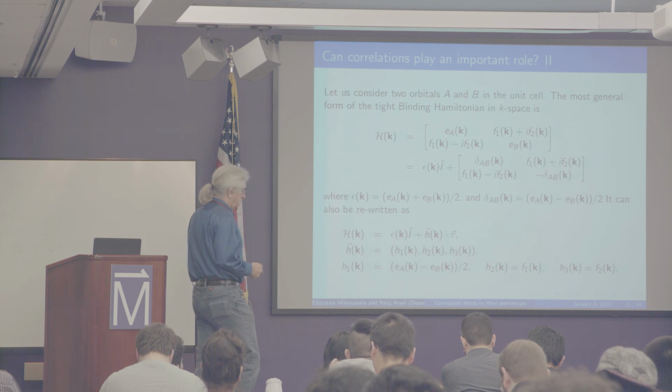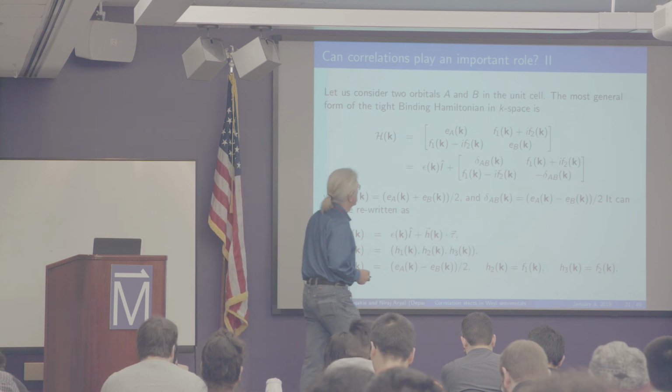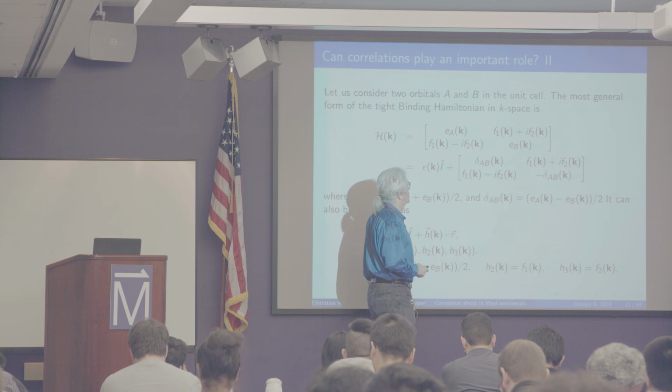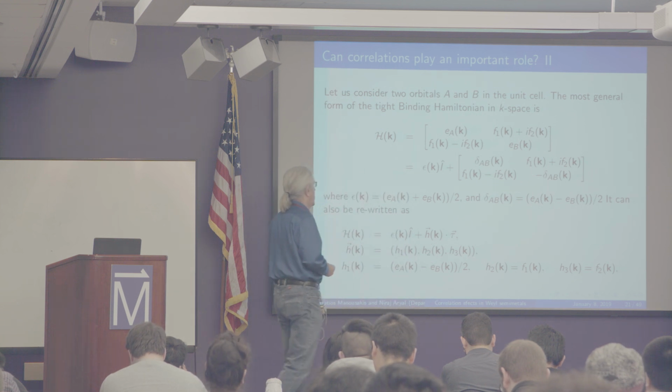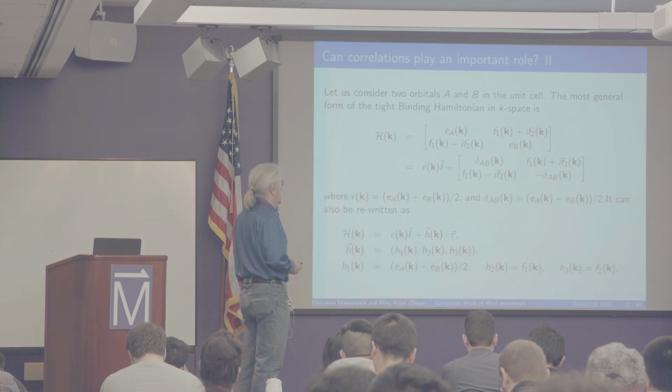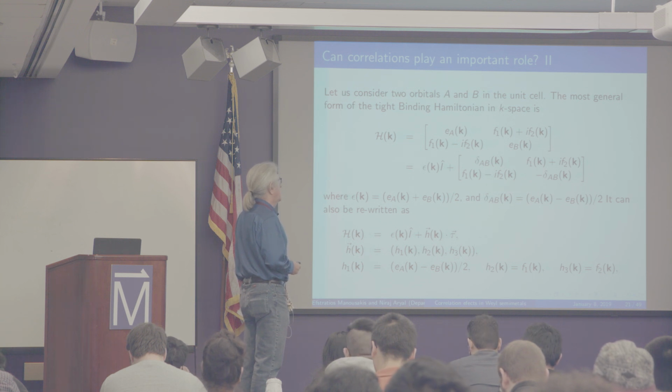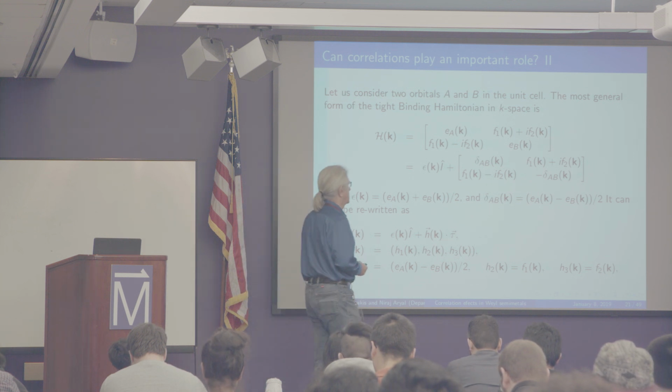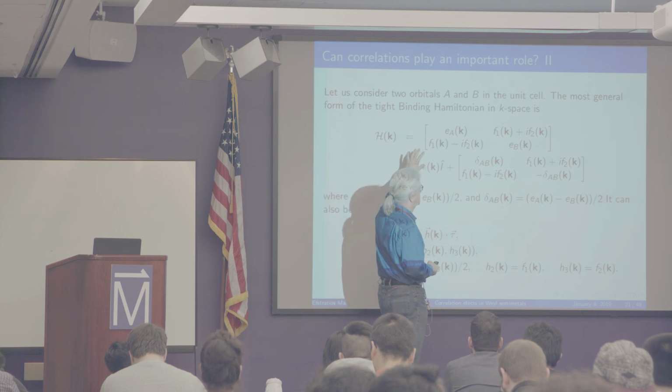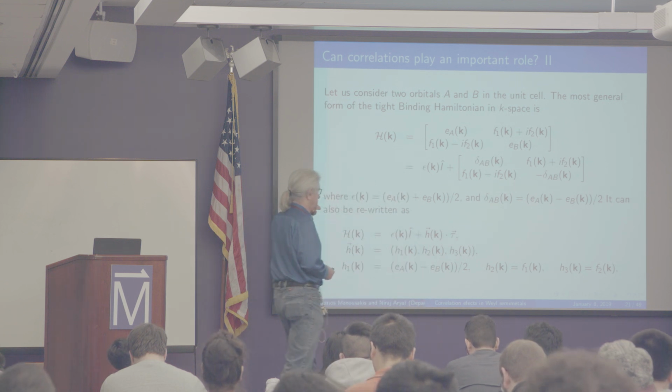So we did this. This is the most general Hamiltonian you can have for two orbitals, the most general tight-binding Hamiltonian. You have diagonal matrix elements that depend on k, and then off-diagonal matrix elements that have real and imaginary parts. This is the most general tight-binding Hamiltonian you can write for two orbitals.